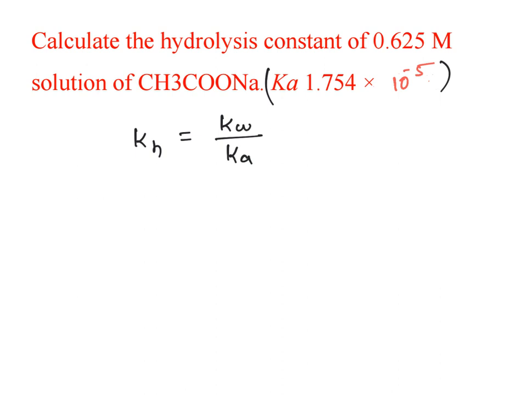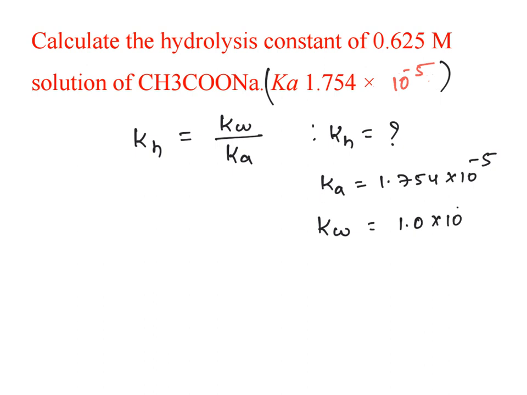So here we have to find Kh. They have given the data Ka equal to 1.754 into 10 power minus 5, and we know the ionic product of water is 1.0 into 10 power minus 14 at 25 degrees temperature. Sometimes they may give the Kw data, otherwise we have to take it as the default 1 into 10 power minus 14.